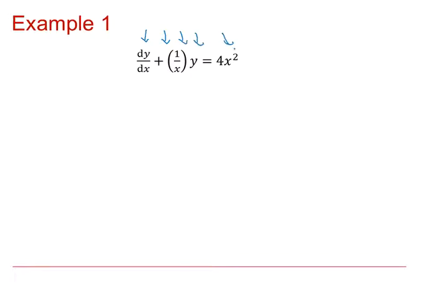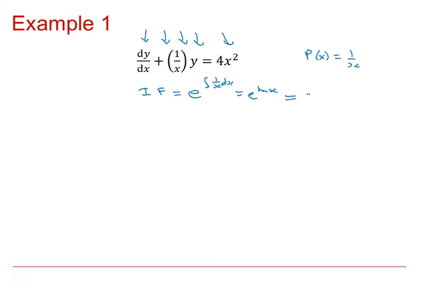Everything is in the right form, which means that P(x) is 1/x. So the integrating factor is going to be e to the integral of P(x) dx, which is e^(ln x). Notice you do not need to put a constant in this little integral. It is purely there to find this clever integrating factor.